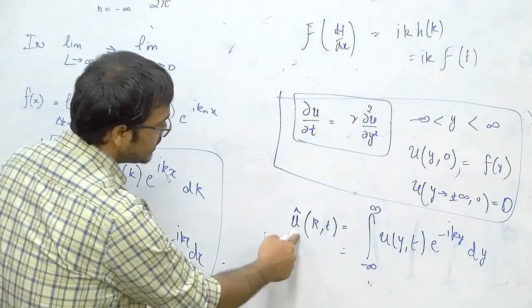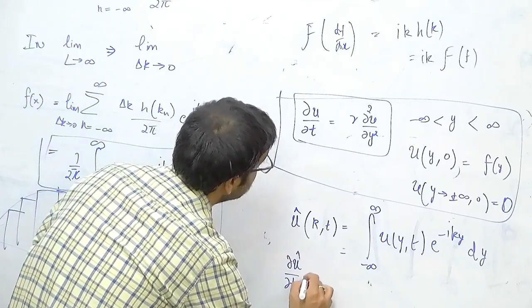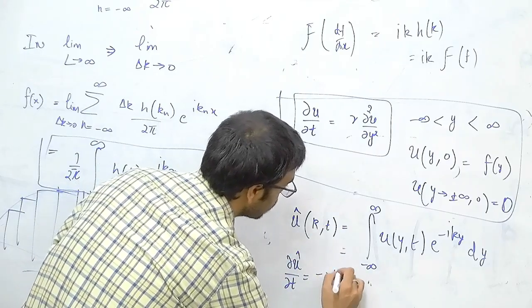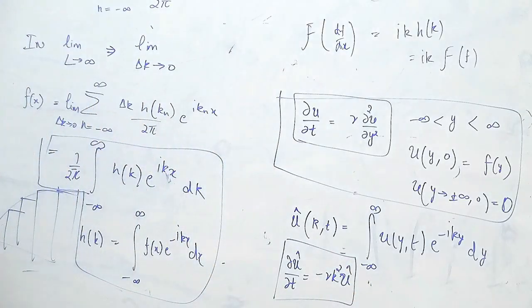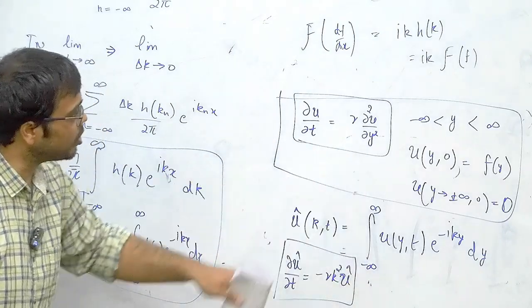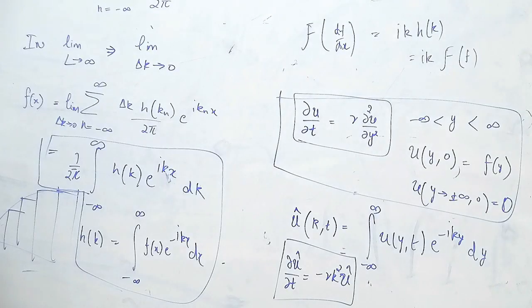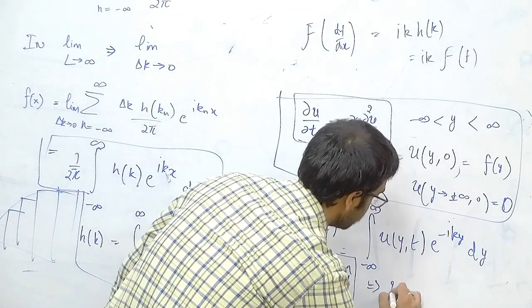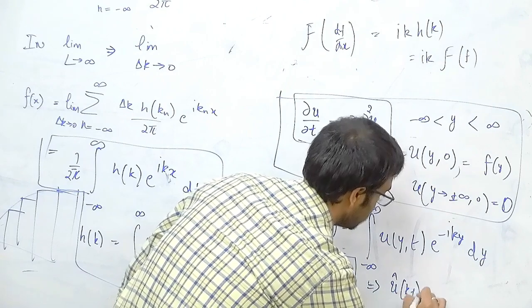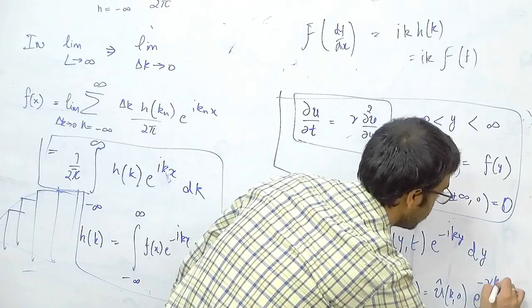You will immediately see after substituting this that del u hat over del t equals minus nu k square u hat. Okay. So, the heat equation, which was your PDE on an infinite domain, you have directly converted into an ODE. And what is the solution of this? The solution is u hat of k comma t equals u hat of k comma 0 times e to the power minus nu k square t.